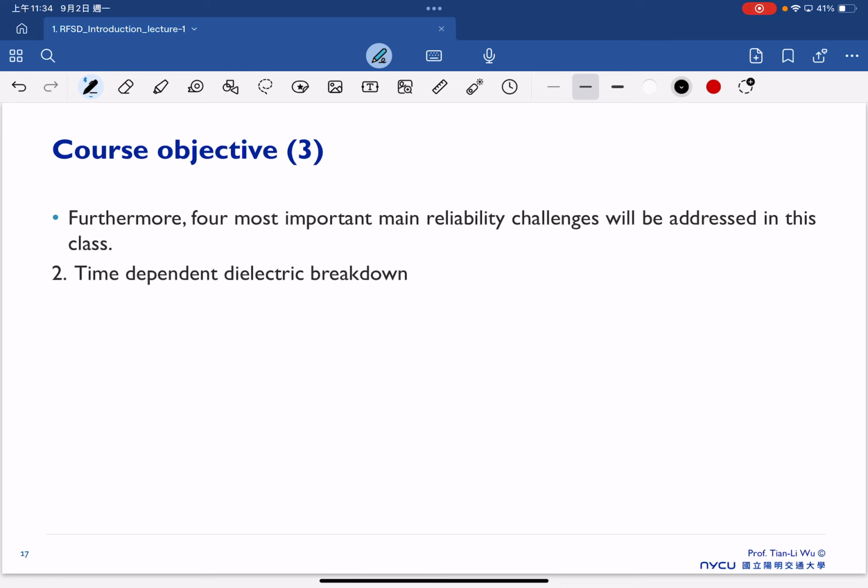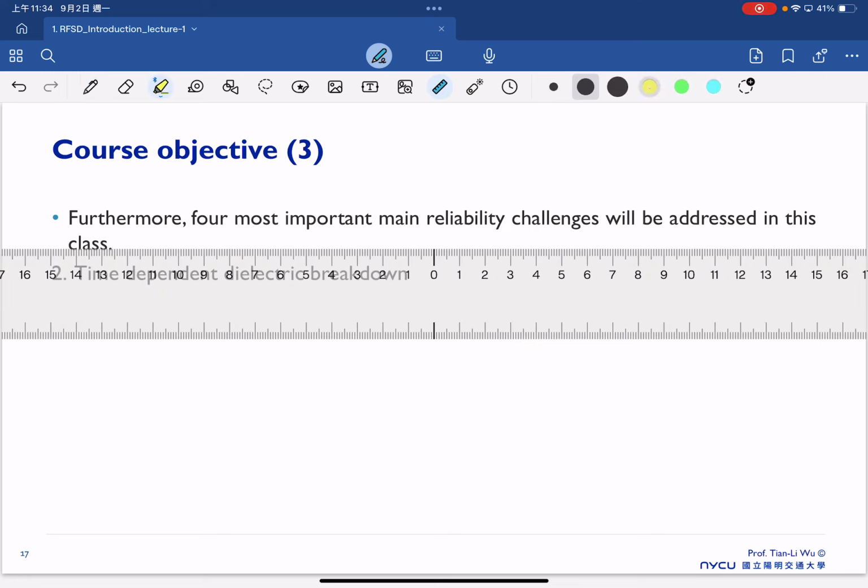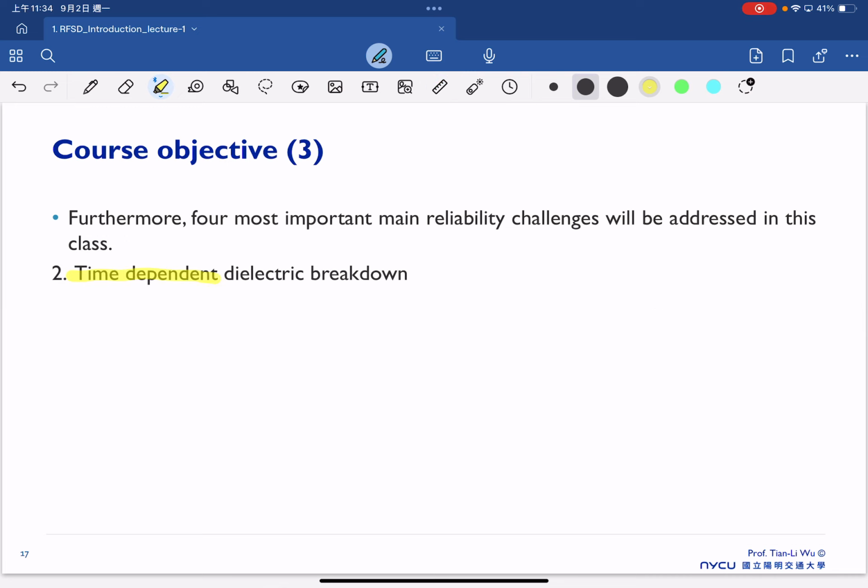Okay, so the second one is time-dependent dielectric breakdown. As I said, one of the key considerations for reliability is the time-dependent characteristic.